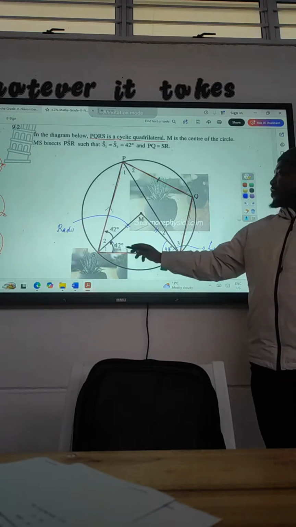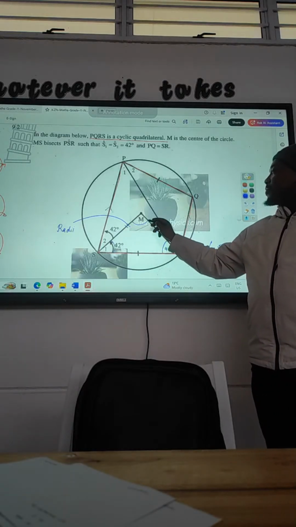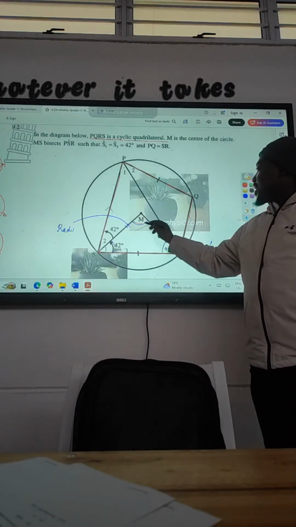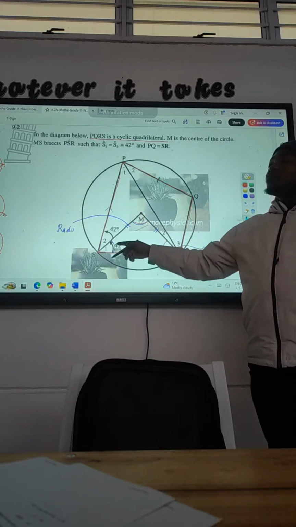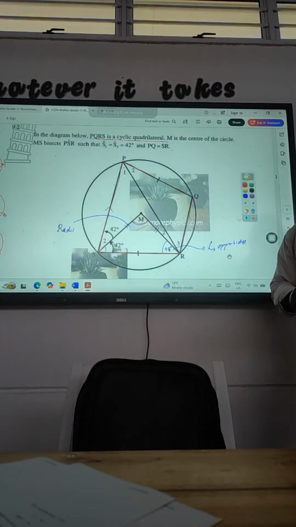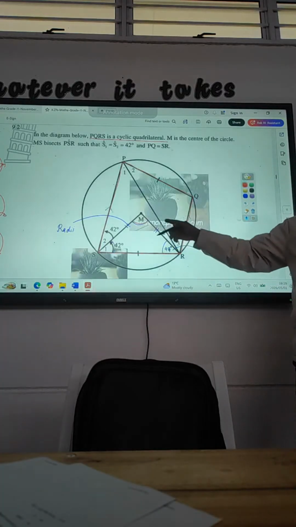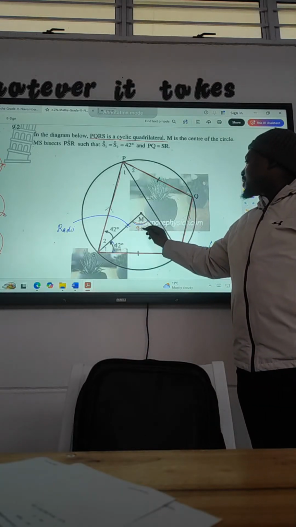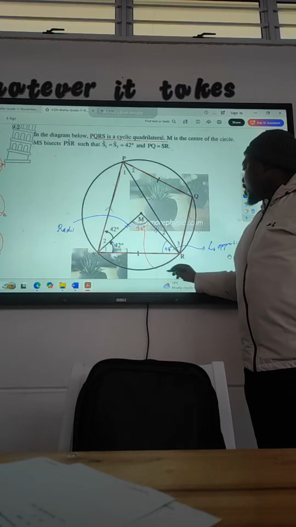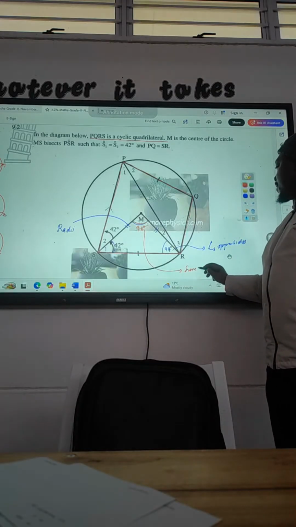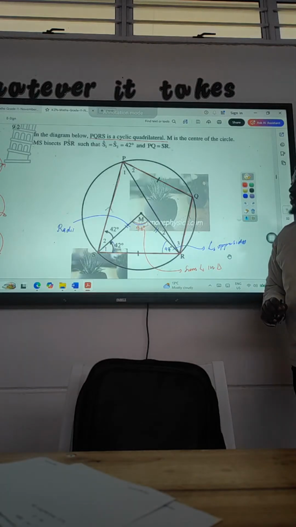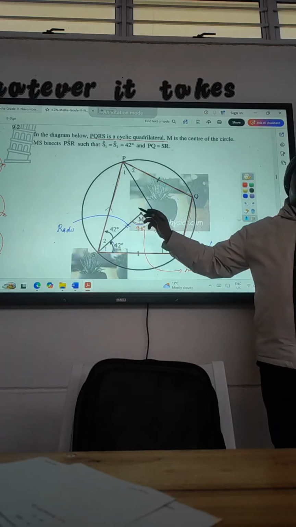And then once you have this, you can have M, which is 180 minus 42 times 2. This angle will be how much? 96. And the reason why we got it is that we use the sum of angles in a triangle.